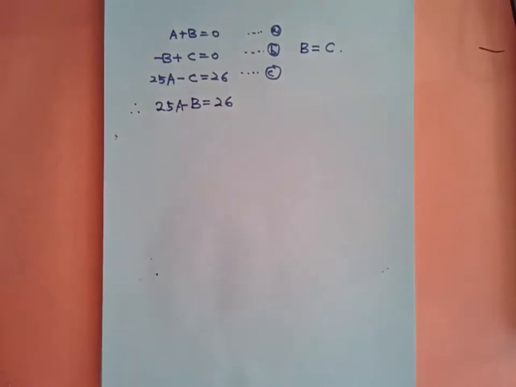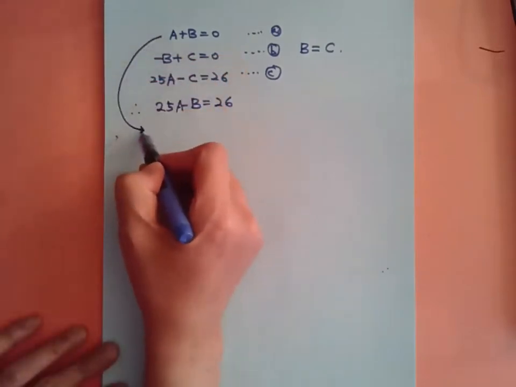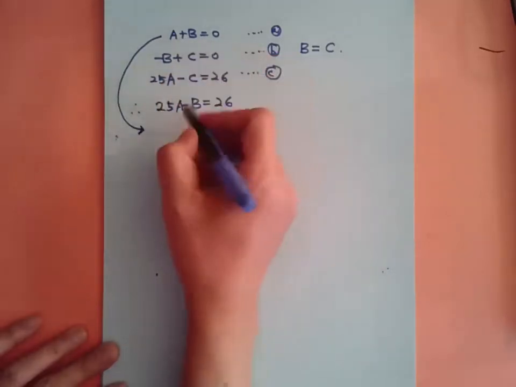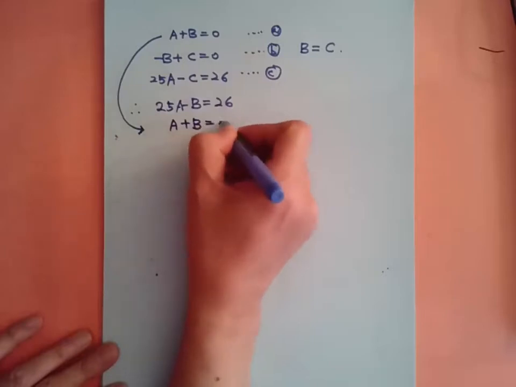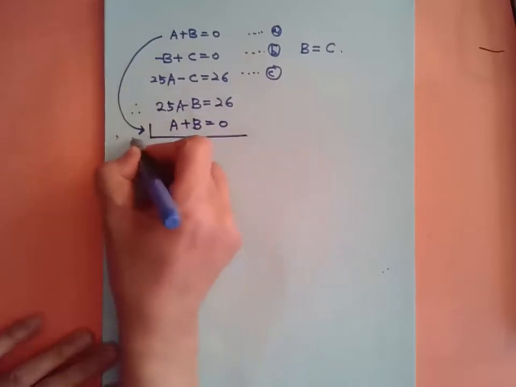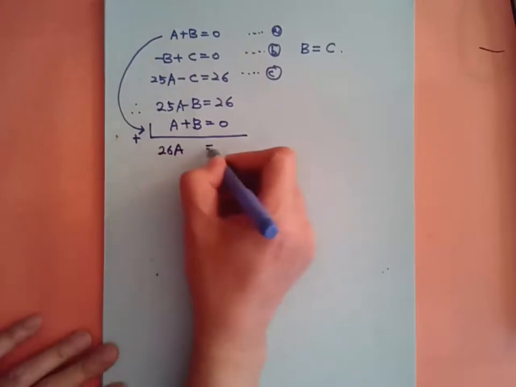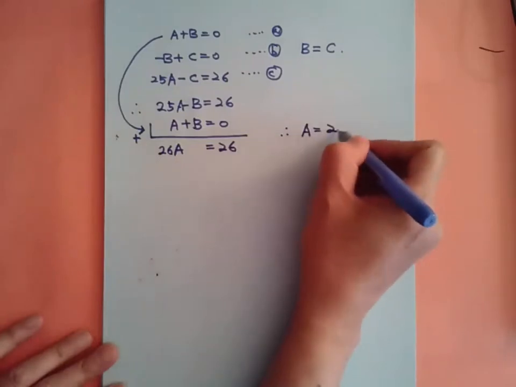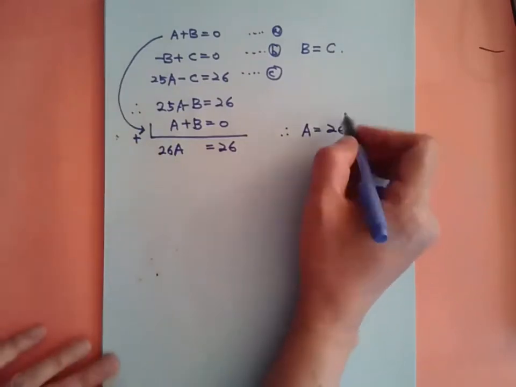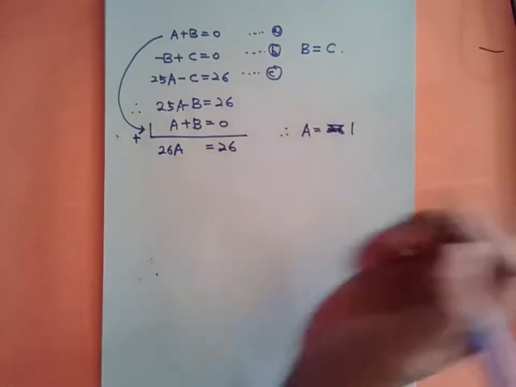And then we want to combine these two, so I will write this equation right below that equation and add vertically. Then 26a equals 26, so a equals 26 over 26, which is 1.